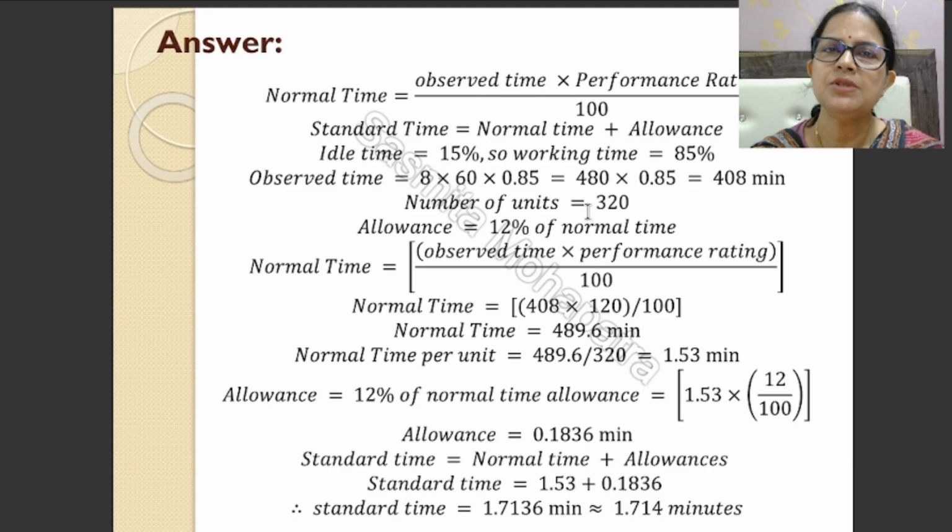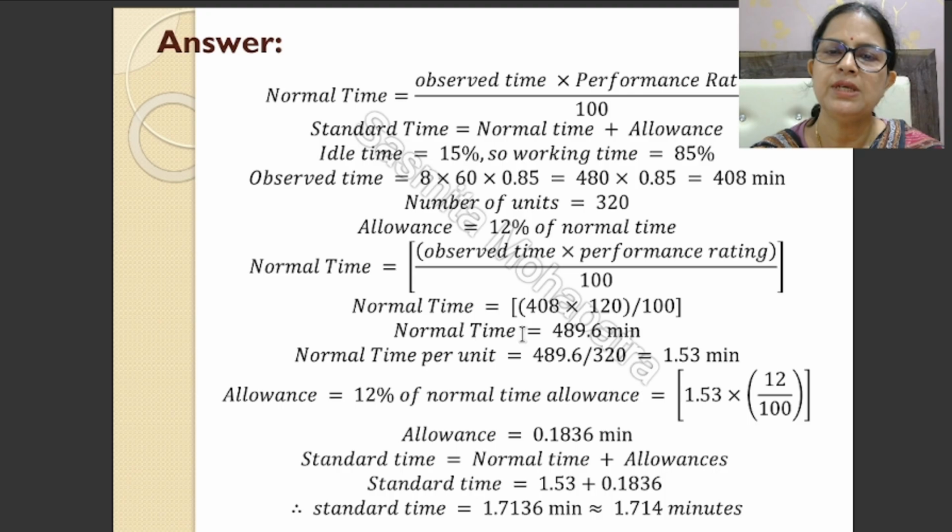Number of units, how much are we making? That is 320. Allowance is given as 12% of the normal time. The normal time equals observed time into performance rating. As performance rating is always a percentage, we divide it by 100. So normal time equals 408, the observed time we have calculated, into 120 divided by 100, that is 1.2.